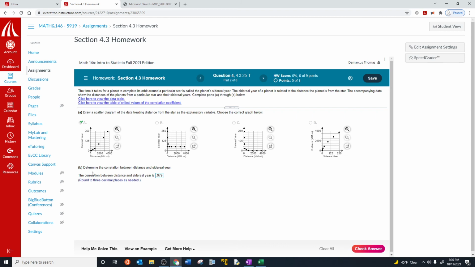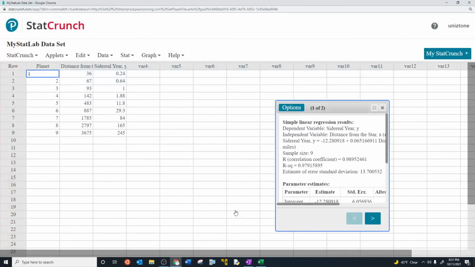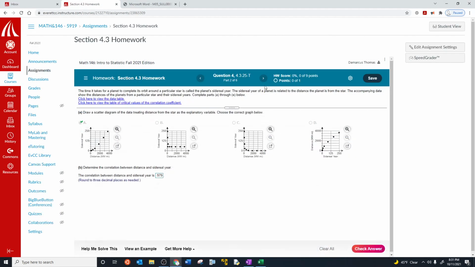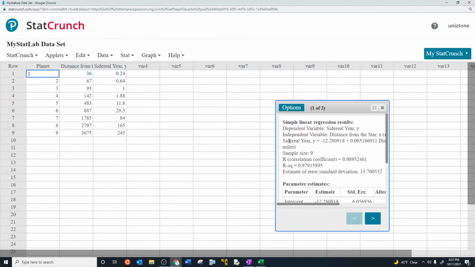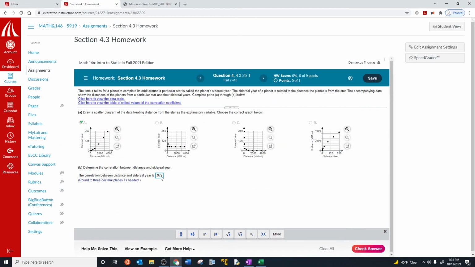Okay, wait, hold on. The correlation between distance and spiral is what? Let me double check that. Oh, it's just the r, not r squared. This is the r right here. We have to round it to 3 places, so 0.990 is what we need to round it off to.